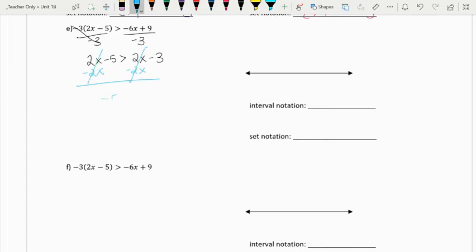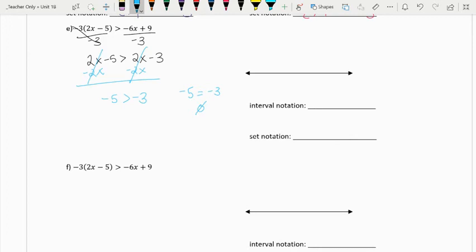So we're left with -5 is greater than -3. Now, if this were an equal sign, -5 equals -3, we would know that would be no solution. But this time it might be infinite. So it's no solution if it's not true, but it's infinite if it is, and that's the same thing as if we had an equal sign.